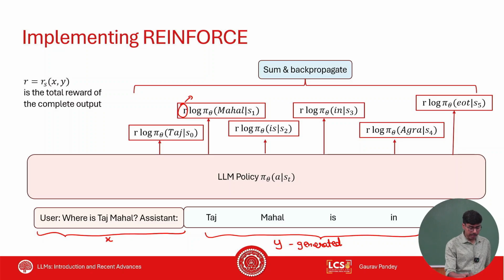But that doesn't mean I should increase the probability of Taj, because the output could have been equally Taj Mahal is in Paris. Whenever the reward is positive, I'm increasing the probability. Whenever the reward is negative, I'm decreasing the probability. So based on the reward of the entire output, I'm deciding whether to increase the probability of Taj or not.